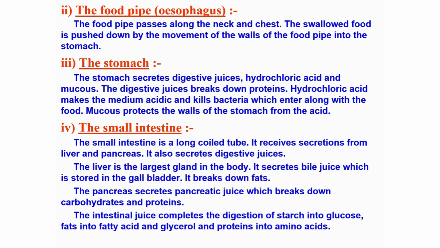It breaks down fats. The pancreas secretes pancreatic juice, which breaks down carbohydrates and proteins. The intestinal juice completes the digestion of starch into glucose, fats into fatty acids and glycerol, and proteins into amino acids.